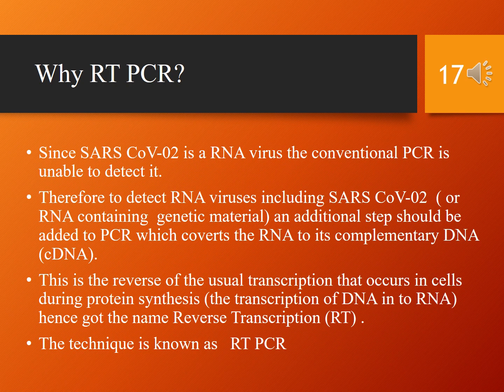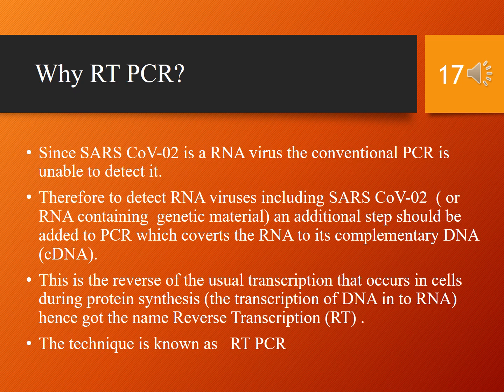Why RT-PCR? Since SARS coronavirus 2 is an RNA virus, the conventional PCR is unable to detect it. Therefore, to detect RNA viruses, including SARS coronavirus 2, or RNA containing genetic material, an additional step should be added to PCR, which converts the RNA to its complementary DNA.